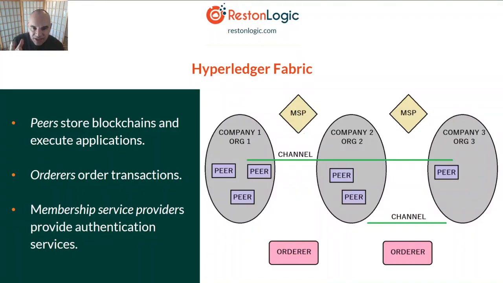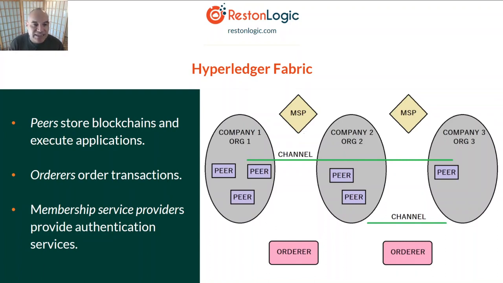The computers that they contribute are referred to as peers, the computers that have a copy of the blockchain and execute applications. Then you can see 2 examples of channels in the diagram. I have one channel that pertains to all 3 companies, but you can also see that there is a second channel between company 2 and company 3.